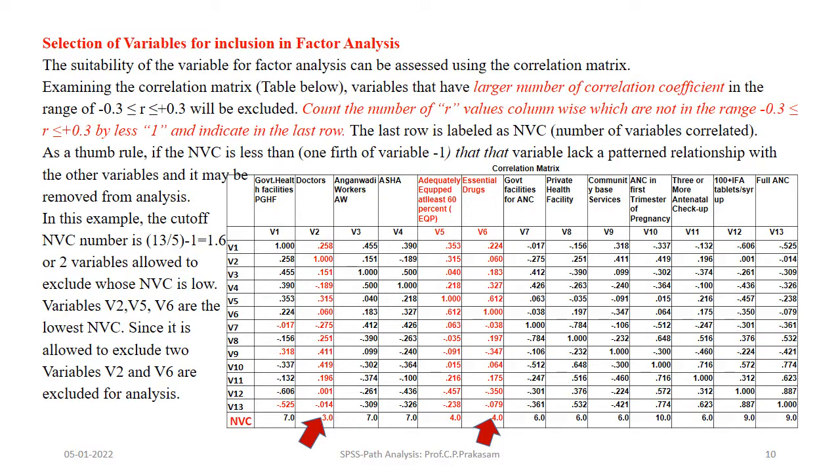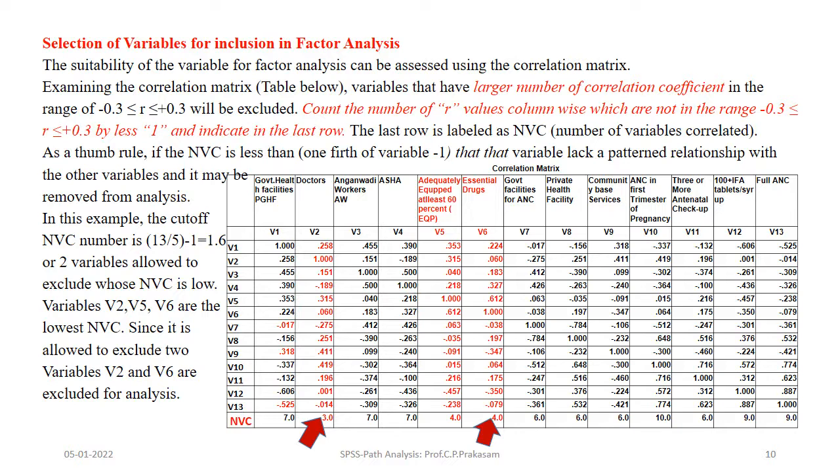Then how to select the variables to include in the factor analysis. The suitability of the variables for factor analysis can be assessed by calculating the correlation matrix. Look at the correlation matrix which has been calculated and given below.